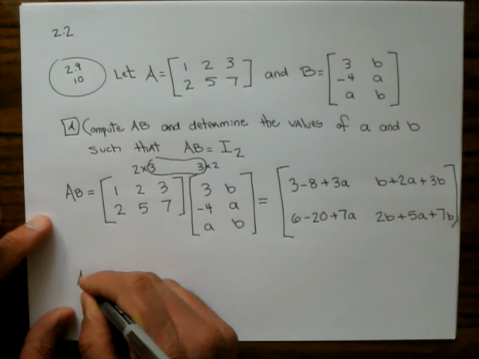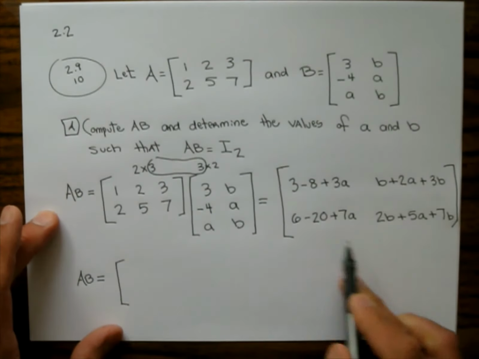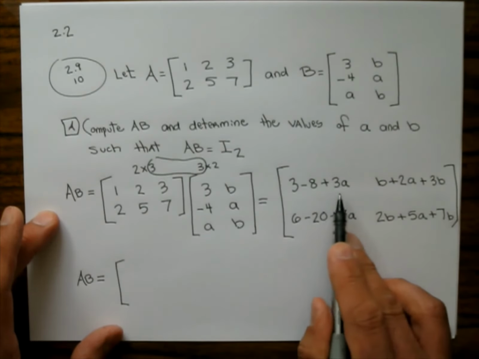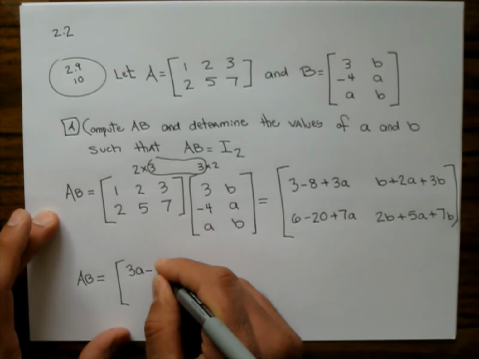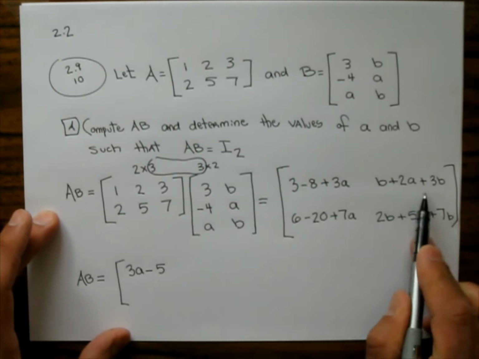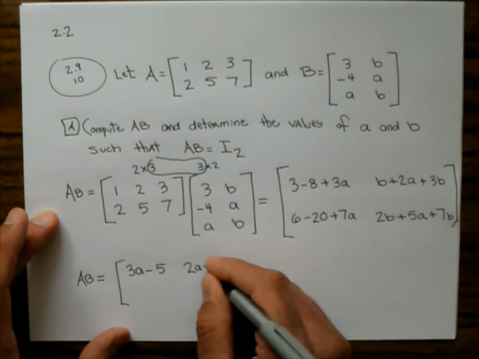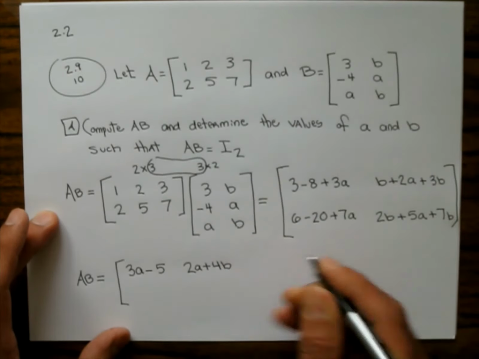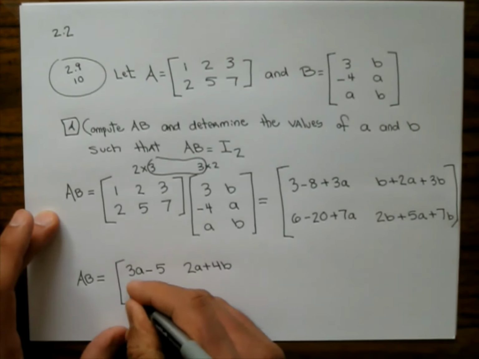AB happens to be this guy right here. We're going to simplify things. So the first one's going to be 3a minus 5. This one right here is going to be 2a plus 4b. Down here we're going to have 7a minus 14.